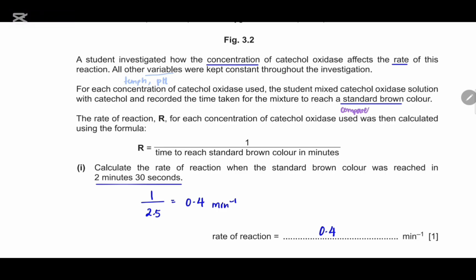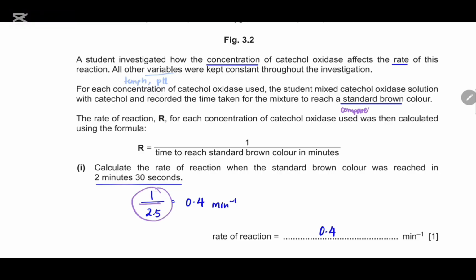The rate of reaction for each concentration is 1 divided by time to reach standard brown in minutes. For 2 minutes 40 seconds, convert that into minutes, which is 2.5 minutes, and then 1 divided by 2.5.